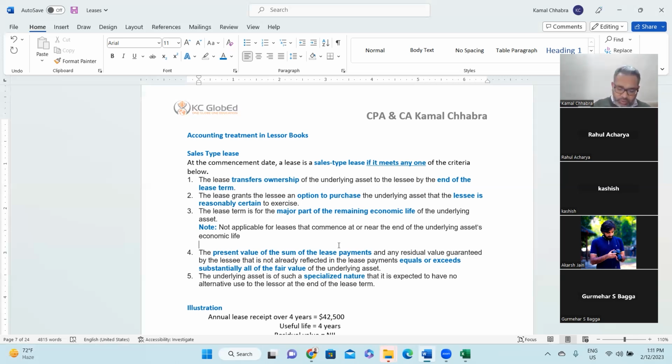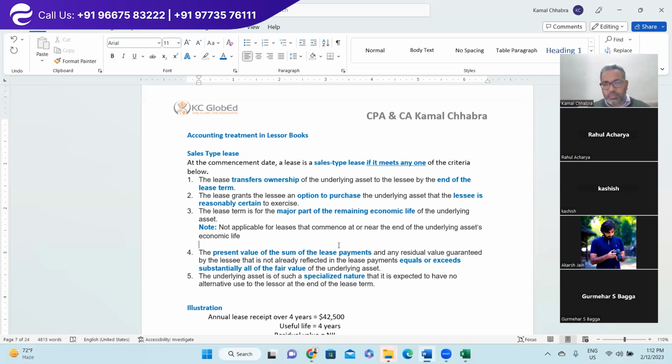If any of these criteria are met, then you should recognize the revenue upfront. Hence, it is considered as a sales type lease. So basically, from the lessor's standpoint, it is differentiated between sales type lease, finance lease, and operating lease to recognize the revenue.